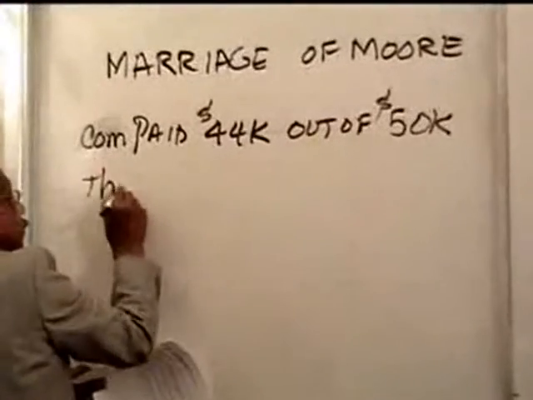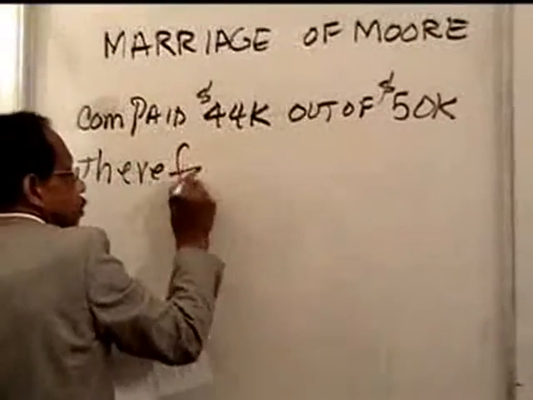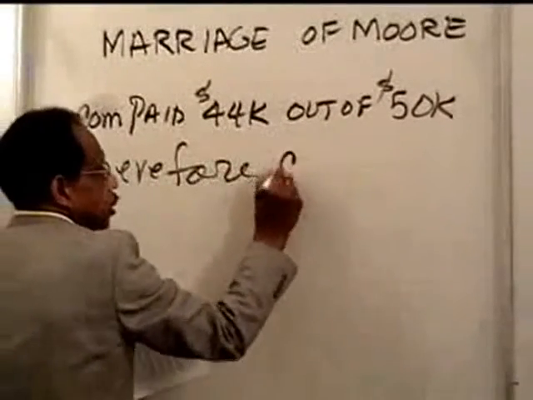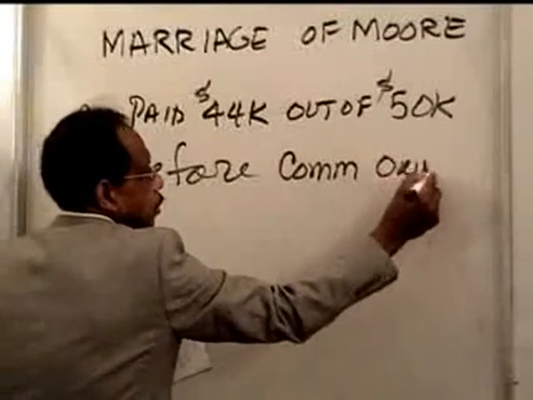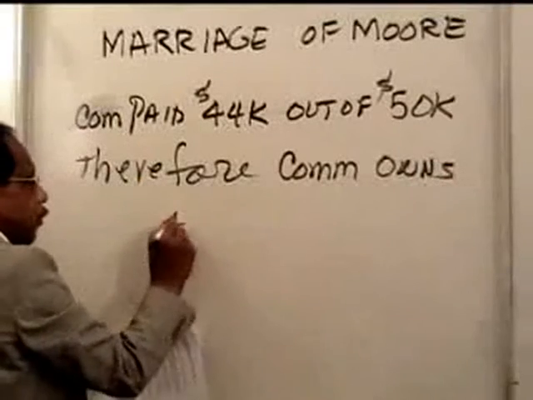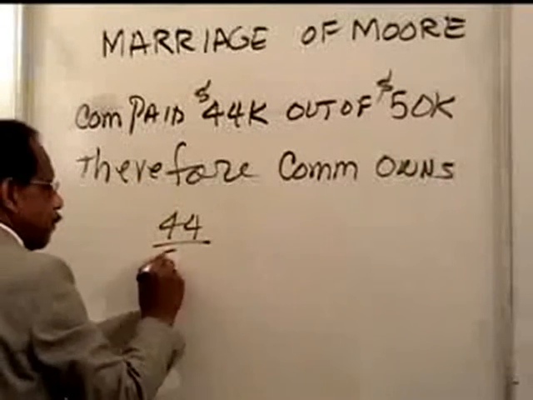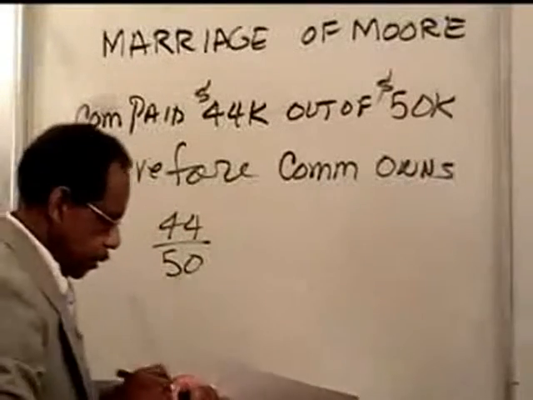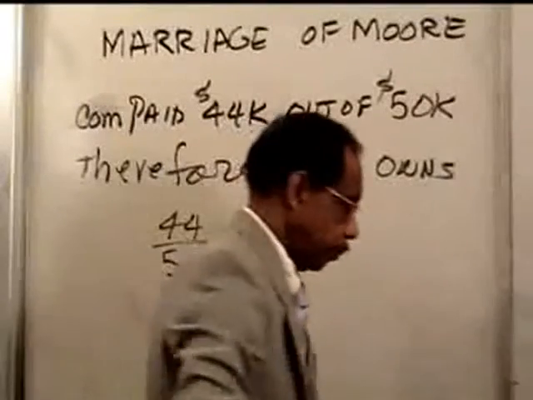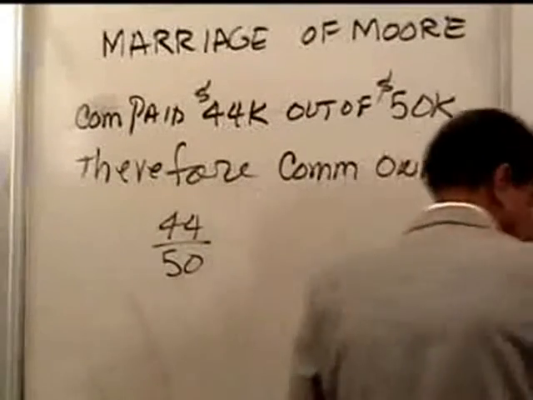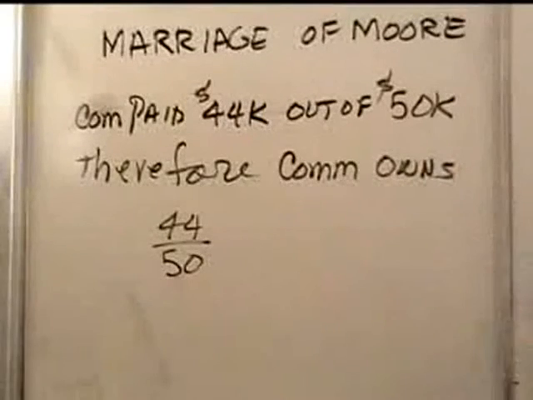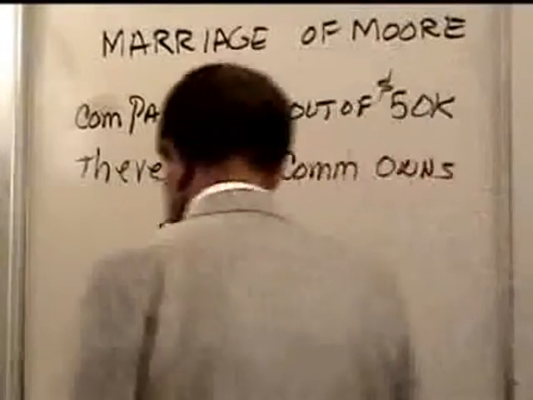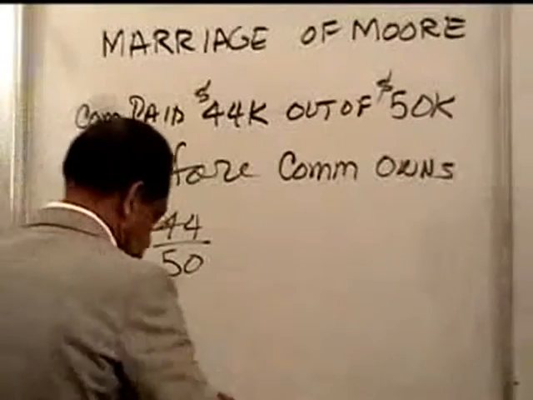Therefore, the community owns 44 out of $50,000. That's the percent that the community owns. It owns 44 out of 50.